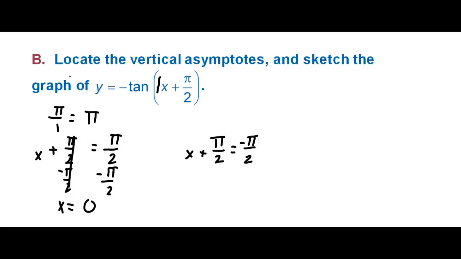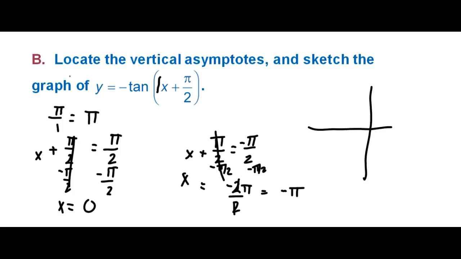And then when we subtract pi over 2 here, we get negative pi over 2 minus pi over 2, which is minus 2 pi over 2, or with the 2's crossing out, negative pi. And as we predicted, 0 and negative pi are pi units apart, confirming that the period is pi.